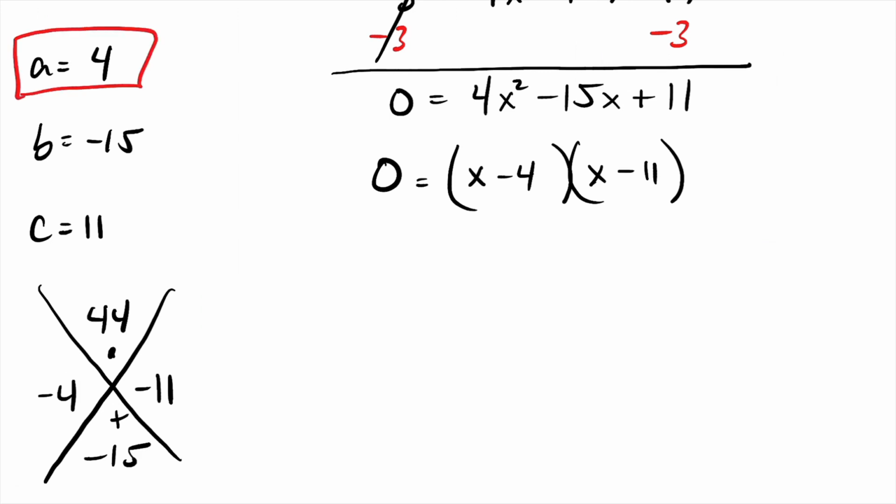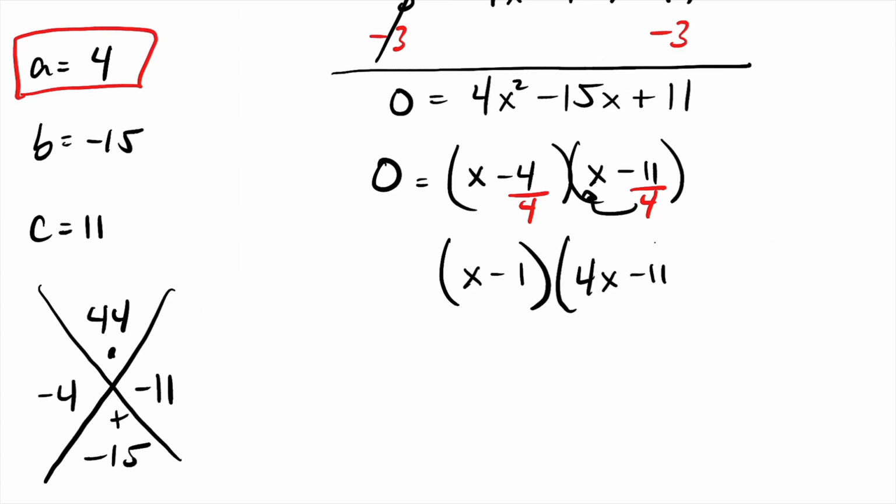A is 4, so I got to divide by 4, bottoms up. The first one I can divide. -4 divided by 4 makes -1. The second one, I can't reduce it or divide it. So bottoms up. Okay.